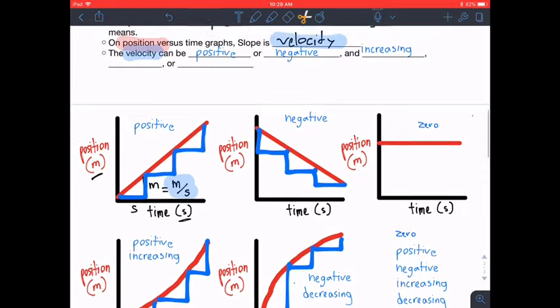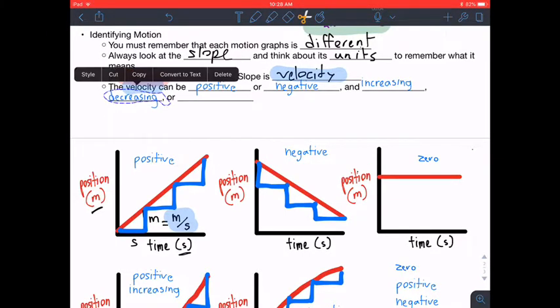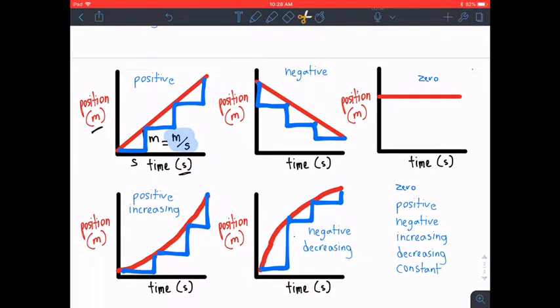You can see that the slope gets less and less as time goes on. And then lastly, the slope of a position versus time graph can be constant. And the slope here is constant. So it's constant velocity. The slope here is constant velocity. And the slope here is constant velocity. Okay?